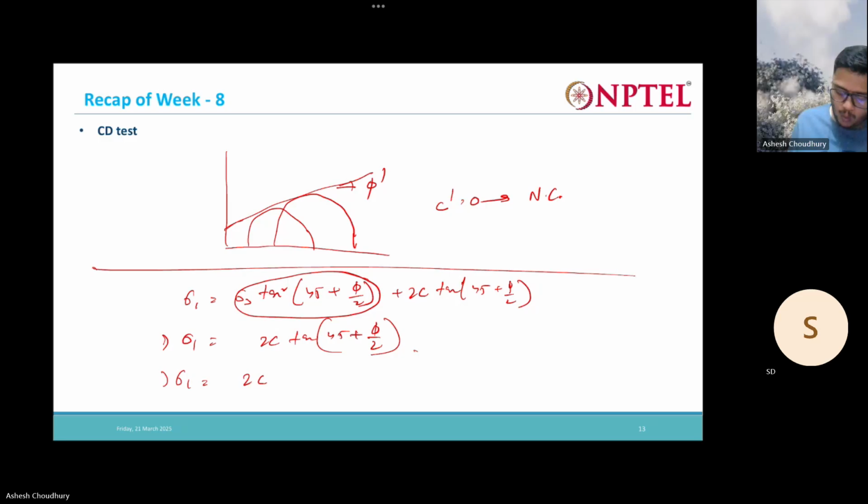Now, what is my sigma 1? Sigma 1 is nothing but the unconfined compressive strength. So what is my cohesion? Cohesion is nothing but the unconfined compressive strength divided by 2, right?